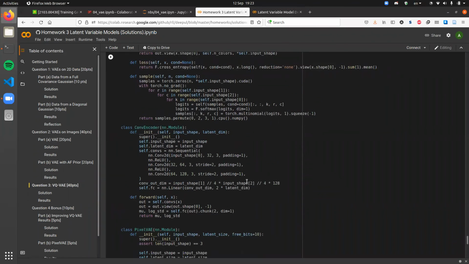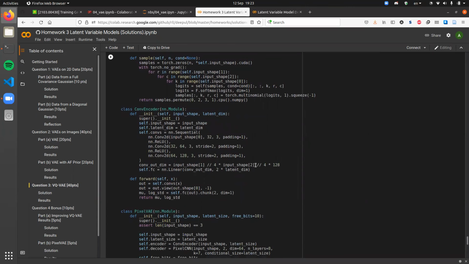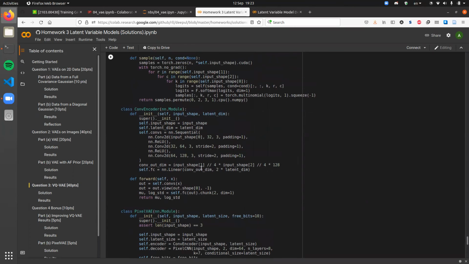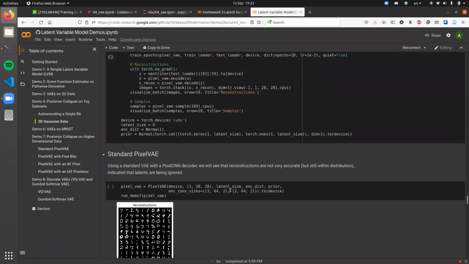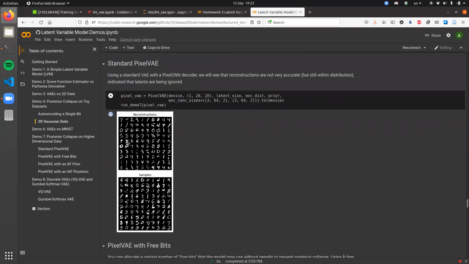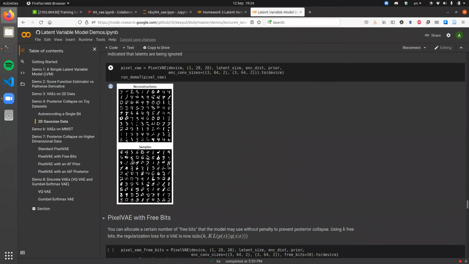I hope everyone remembers how the pixel CNN works and how you can condition it on something. Otherwise, it's just a regular variational autoencoder. If we do it that way, we will have nice reconstructions, but the reconstructions will be less dependent on the latent variable. And why is it happening?